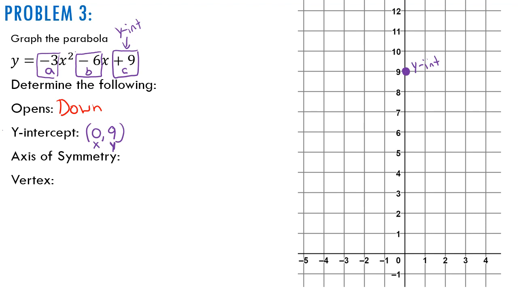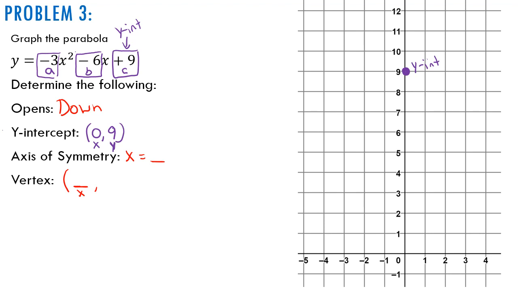So if I know that the axis of symmetry is going to be x equals something, and I know that the vertex, its x value, is the same number, I could actually find the vertex first, and then I would find both.